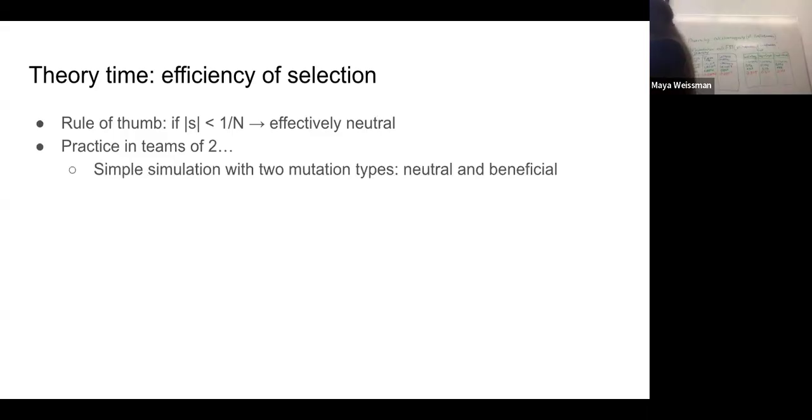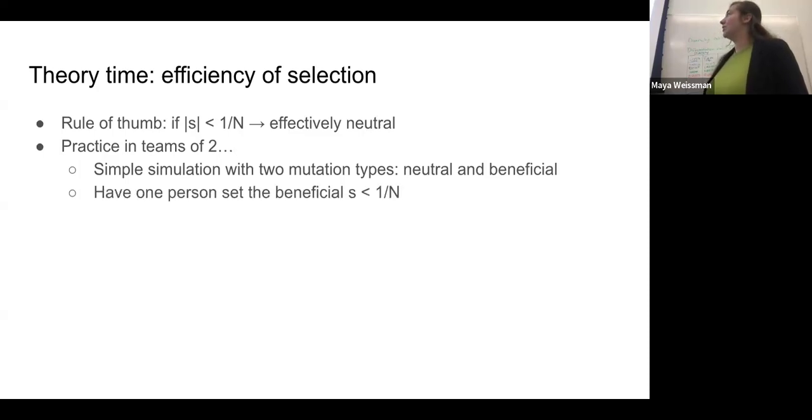So in your switch up your teams, send a trade. Go back to a simple simulation with 2 mutation types, neutral and beneficial, and have one person set the beneficial mutations' S to 1 over n, or to a number less than 1 over n.